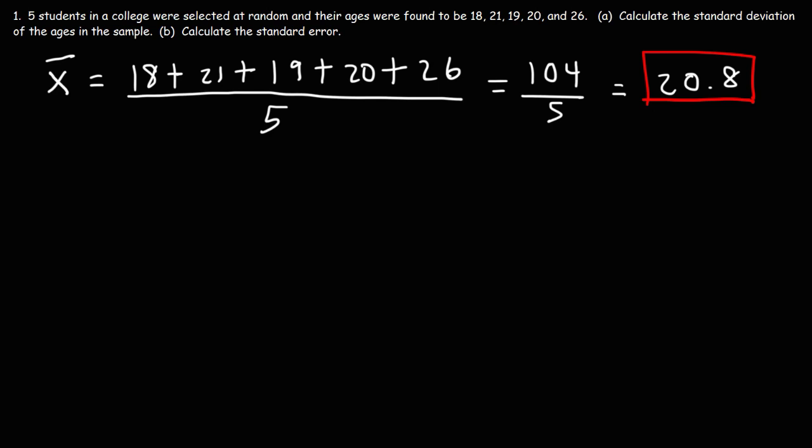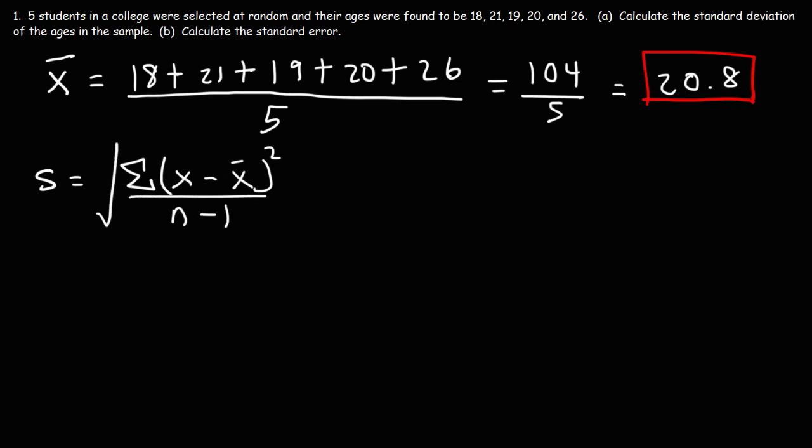So this is the average age of the individuals in this sample. The sample size is 5. So now let's calculate the sample standard deviation. The standard deviation of the sample is represented by the symbol S, and it's equal to the sum of all the differences between each value and the mean squared divided by n minus 1, and then the whole thing is inside of the square root symbol.